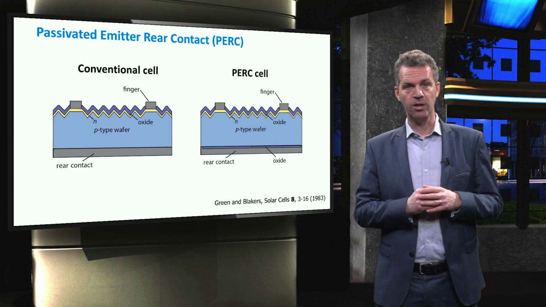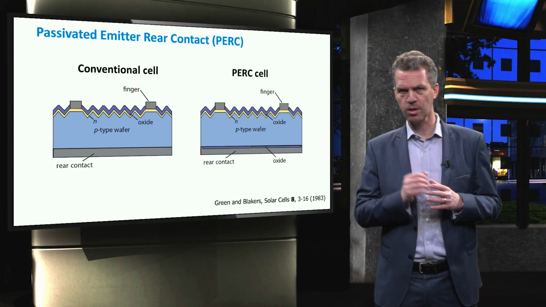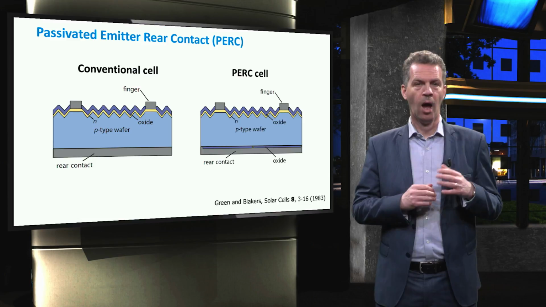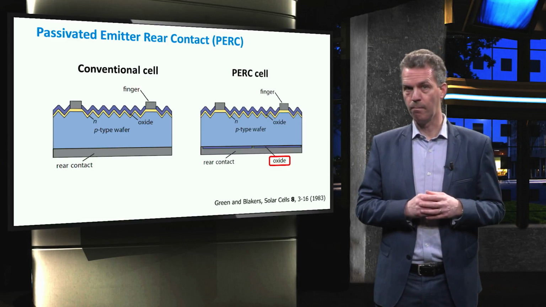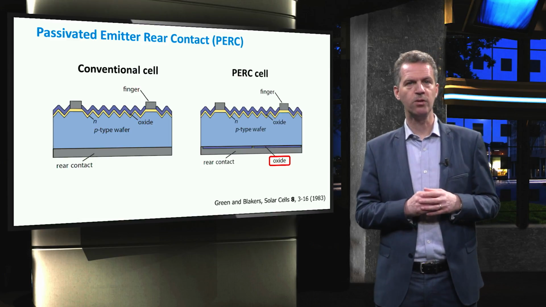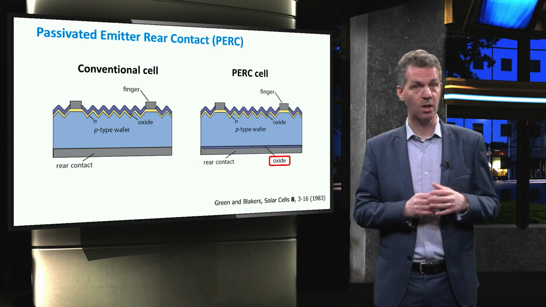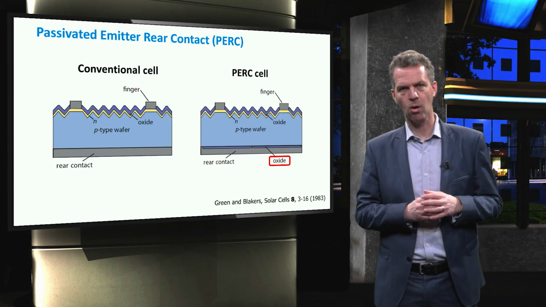Evidently, in this design, the contact area between the metal and semiconductor is reduced substantially. The conventional solar cell has been developed further to include a back surface field, or BSF, realized by the diffusion of aluminium, a p-type dopant in silicon, after the back contact has been deposited onto the wafer.